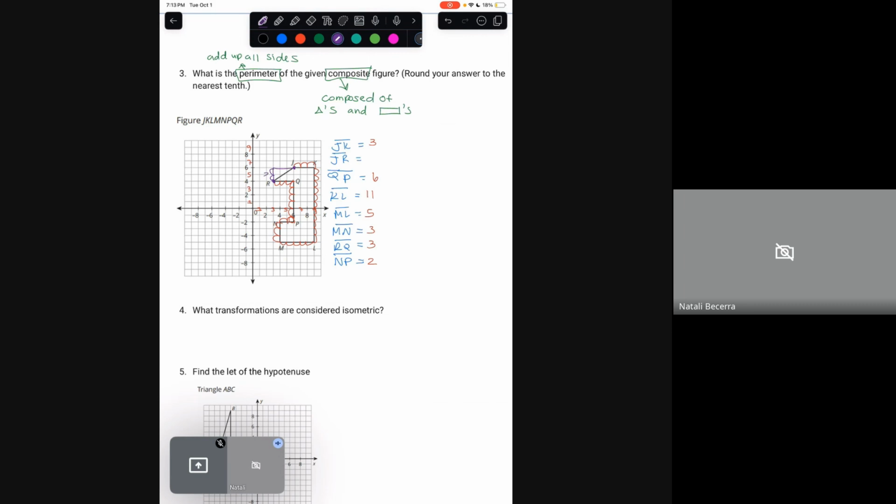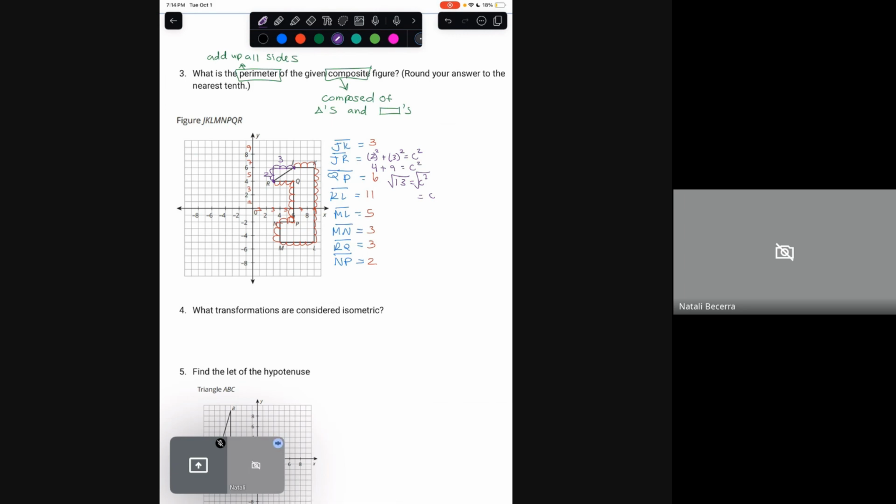This is 2. 1, 2, 3. This is 3. So I'm going to do 2 squared plus 3 squared is equal to c squared. 2 squared is 4. 3 squared is 9. 9 plus 4 is 13. And I take the square root of 13.